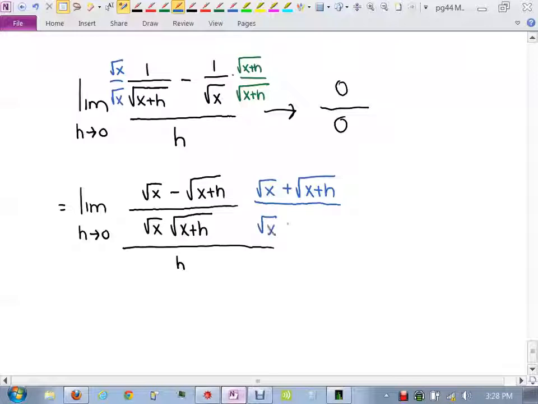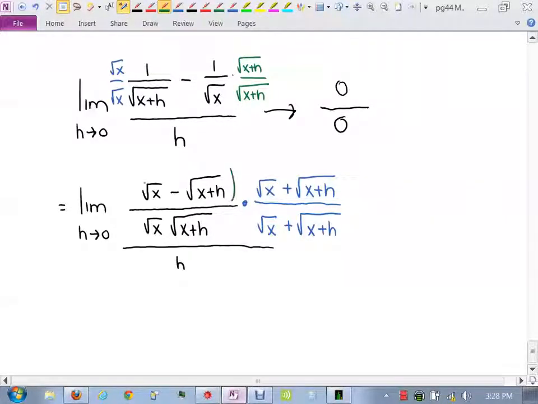Right underneath it. Okay, right there. And that's multiplication there, isn't it? So I've multiplied by 1. And now I have the pleasure of expanding that out.